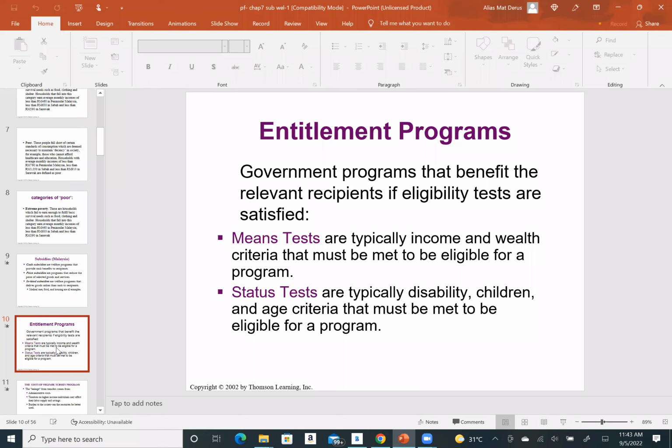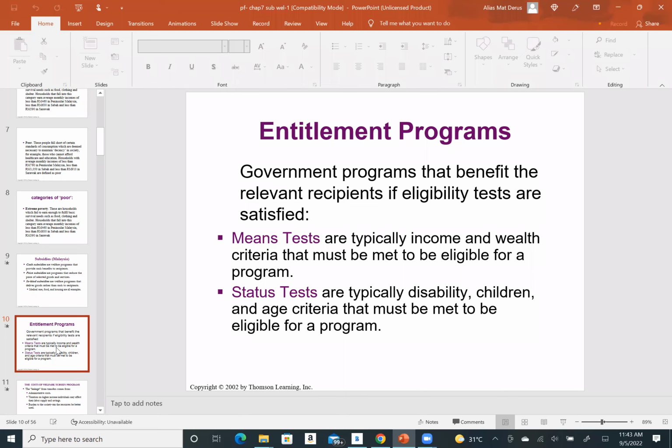And the other criteria for entitlement is called status test. What is it? It's not based on income, but based on our physical condition. For example, age. I am a senior citizen, I have already reached the age of 60, so I am entitled to certain subsidy.